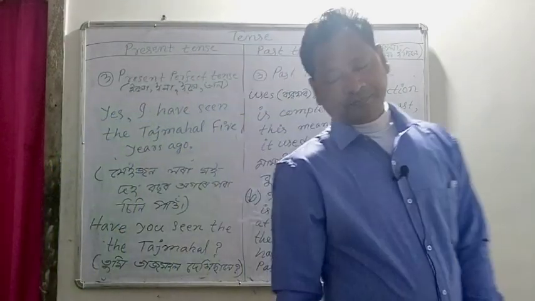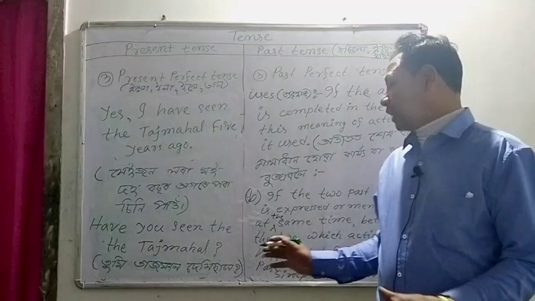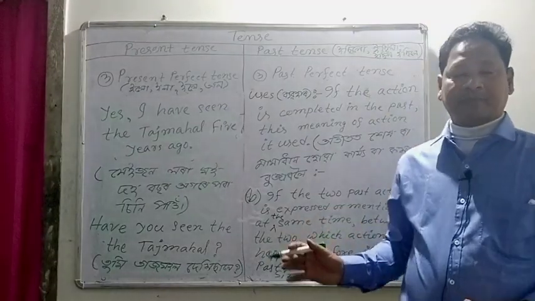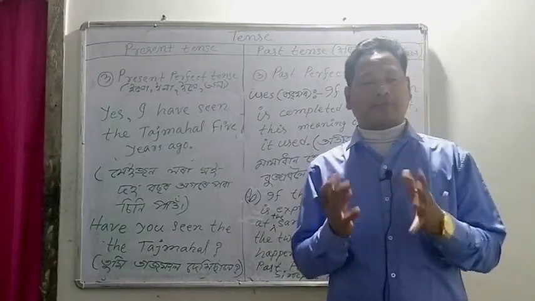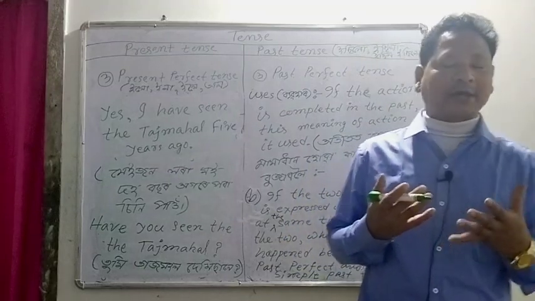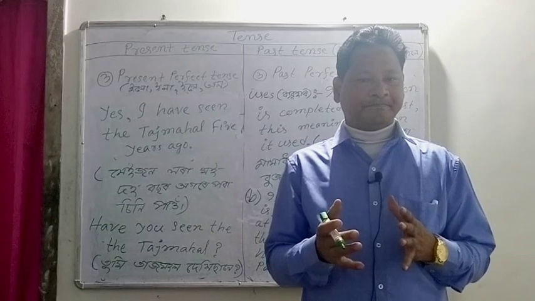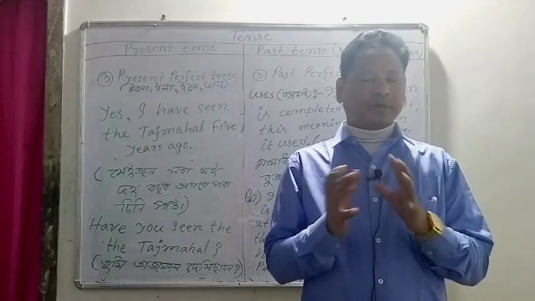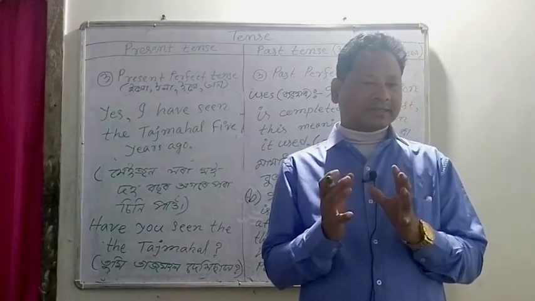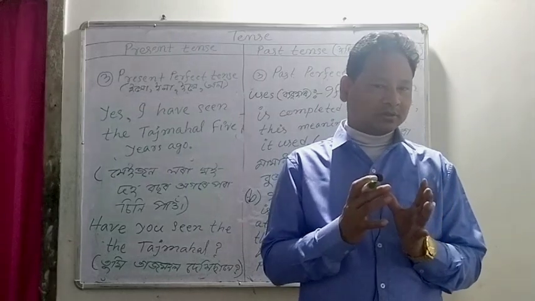This is how I am going to express the action. So suppose I am going to express two past actions at the same time, then between the two you will get the less past or more past.